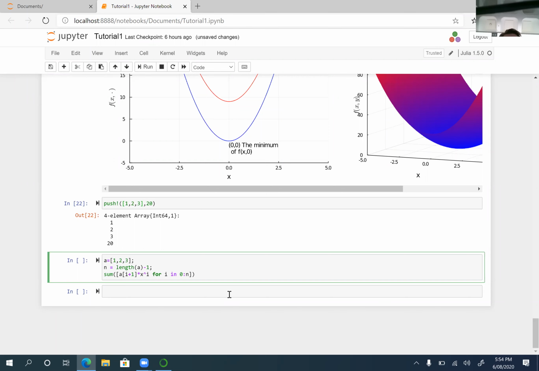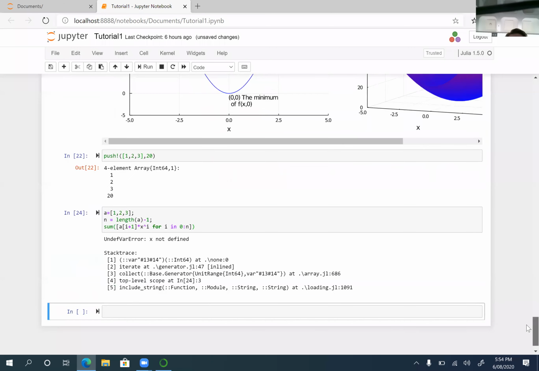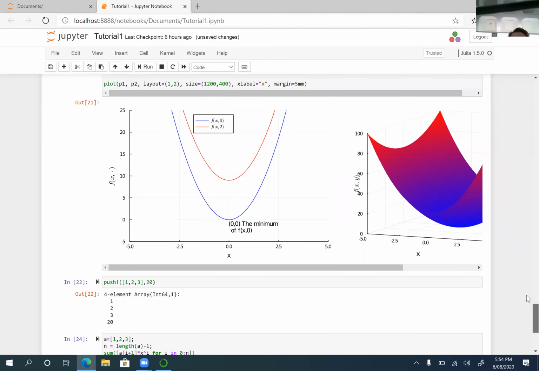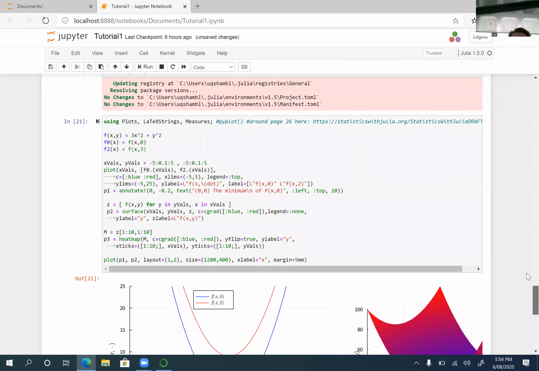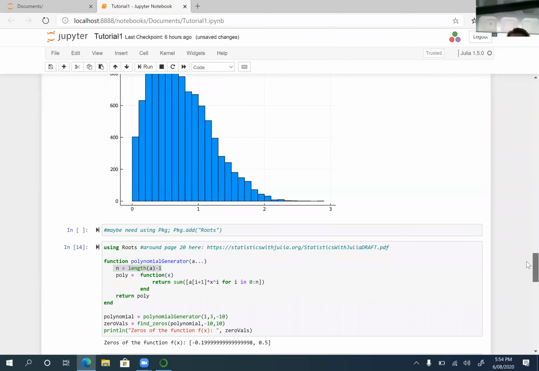Indexing on the array and then multiplying it by x to the power of i as i goes from 0 to n. All right, so let's try this. Okay, x not defined. So in that case, I'm missing something. See, I'm accustomed to it having symbolic stuff built in. All right, so let's see what I'm missing.